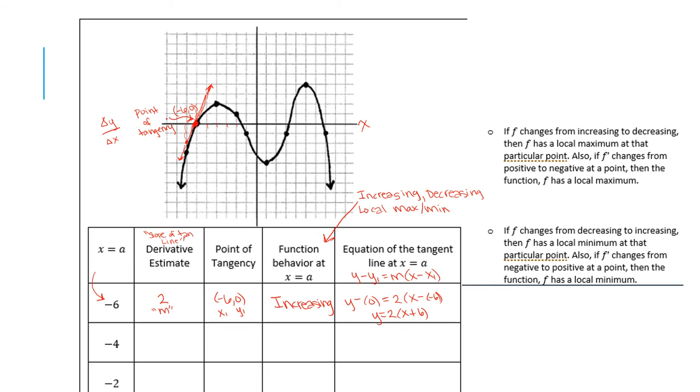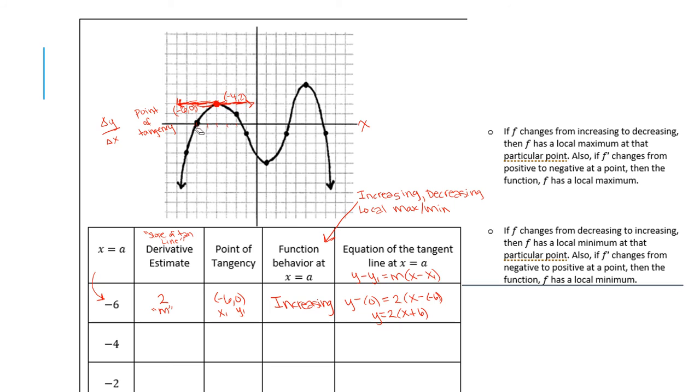All right, let's look at when x is -4. So here is this point. This point is -4, 2. And my tangent line will actually be horizontal. So let me go ahead and erase this other line over here.